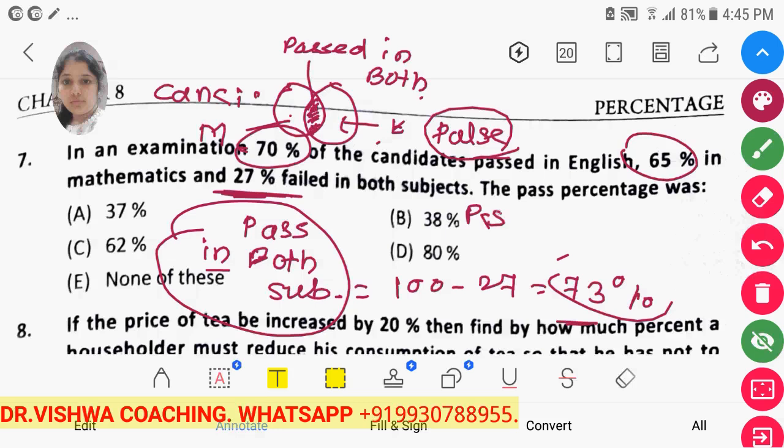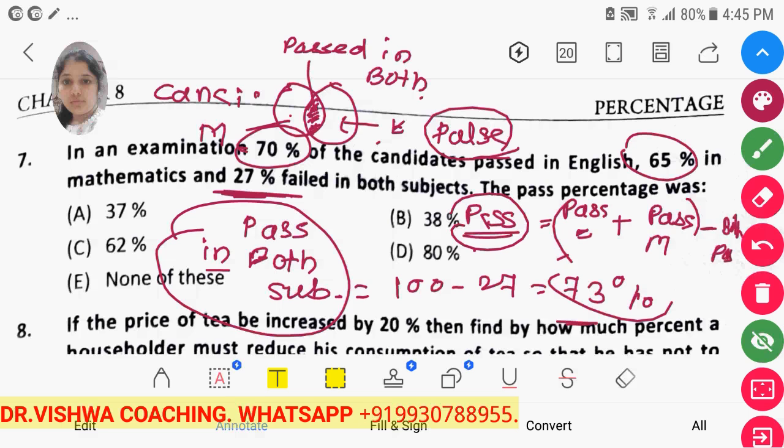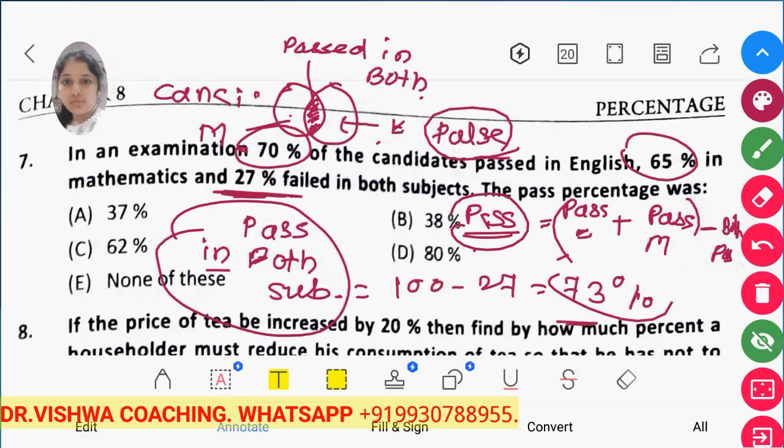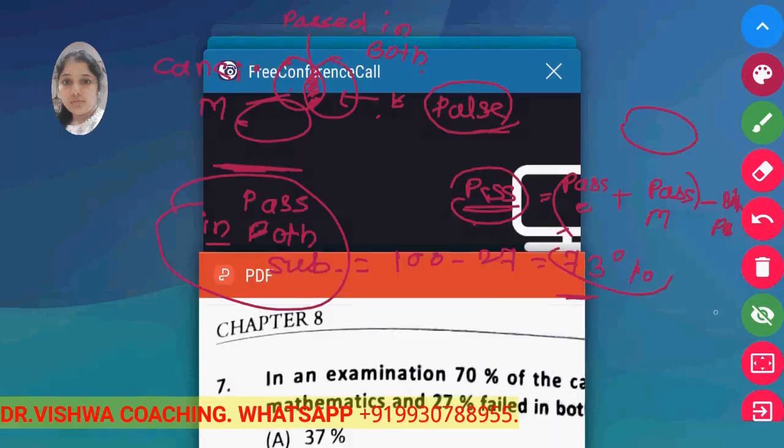So the pass percentage, the total number of passed students, is equal to passed students in English plus passed students in maths minus those who passed in both. Okay, now arrange this in an equation form and solve.